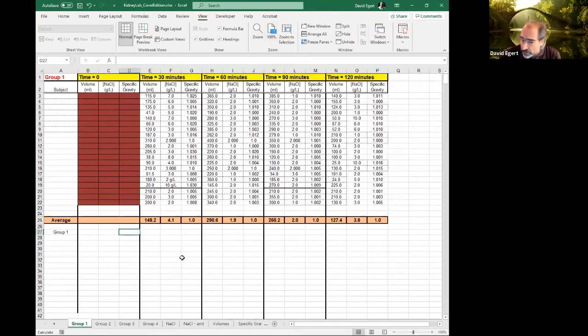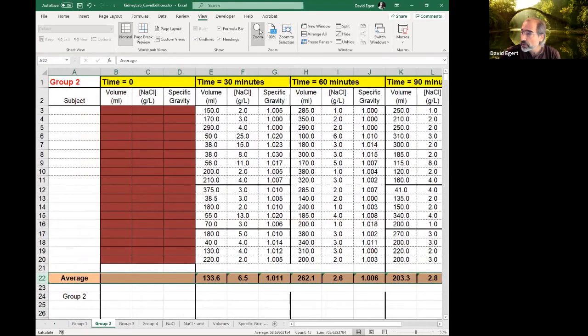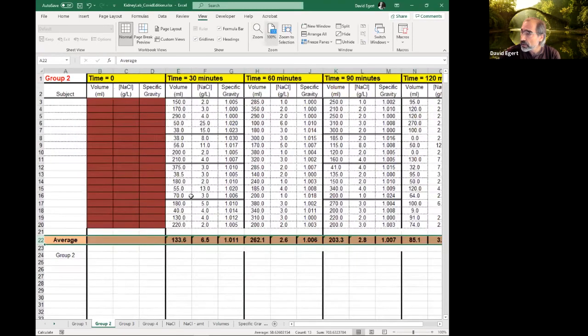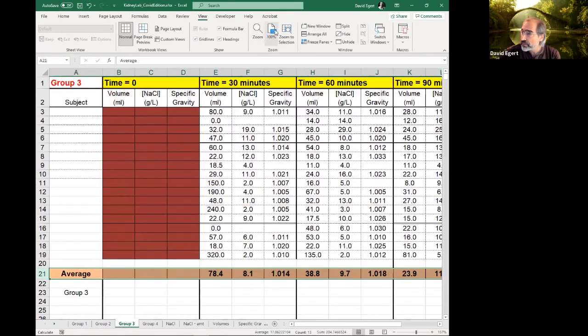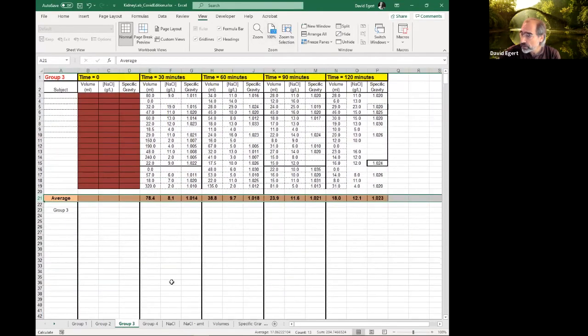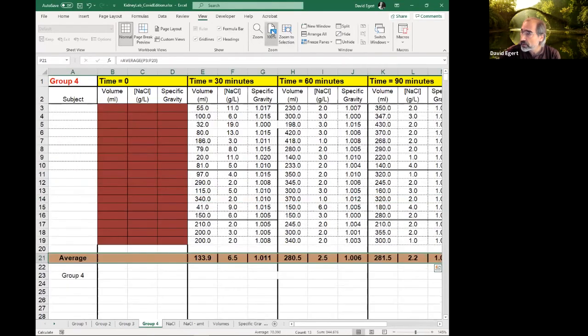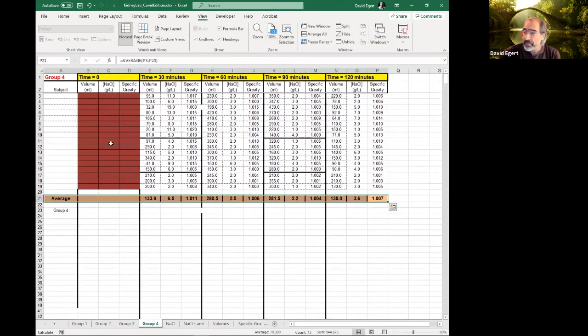All right, so on this chart, for each group, there's group 1, group 2, group 3 data, and group 4 data. At time equals 0, we don't actually record the data because we don't care.